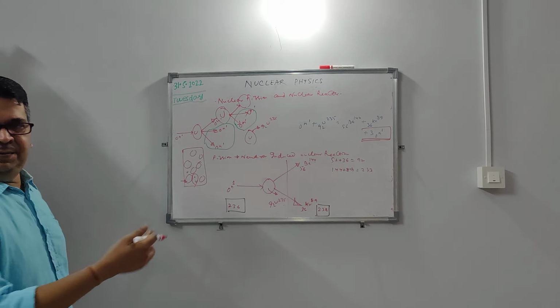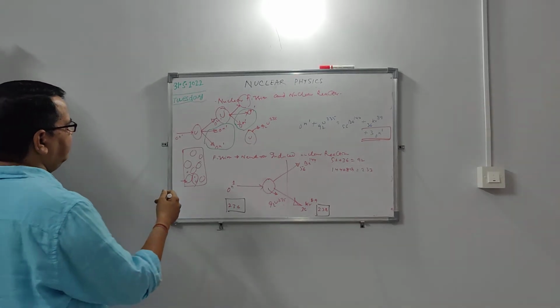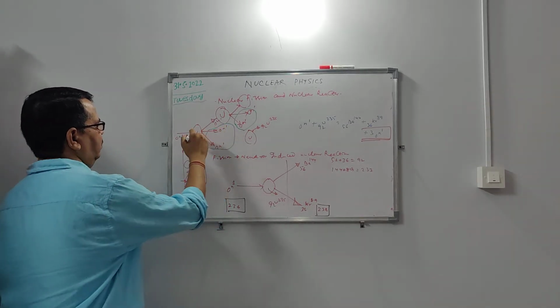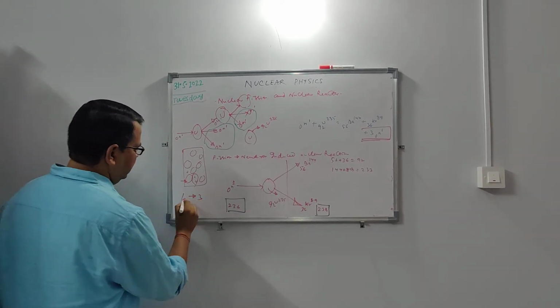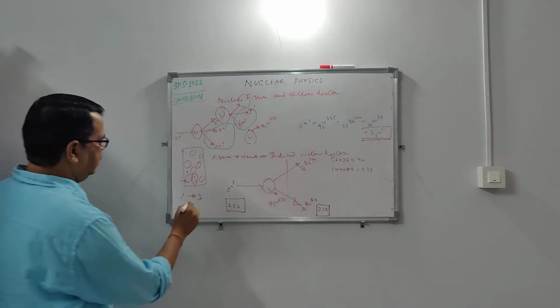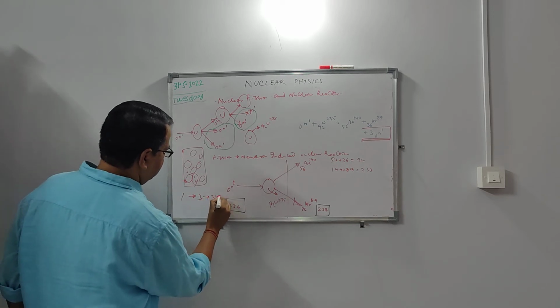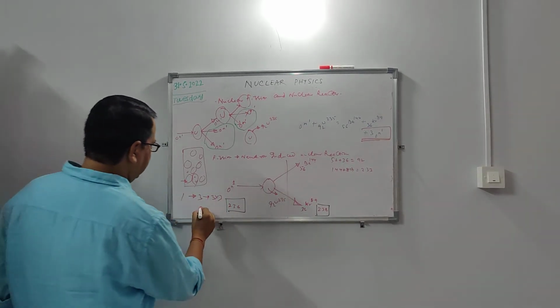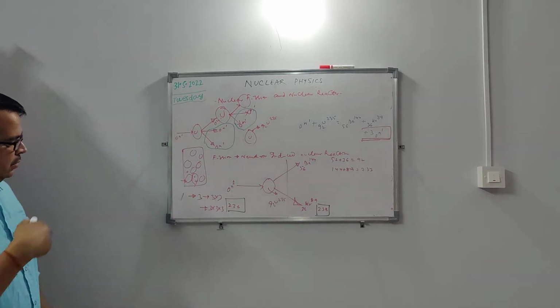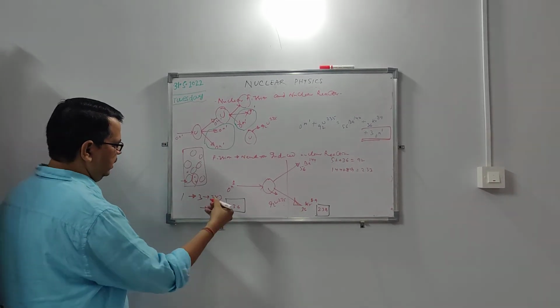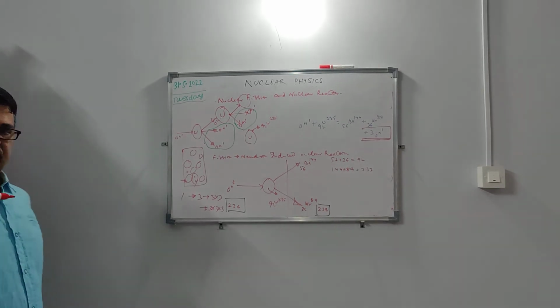Otherwise if it is uncontrolled, what will happen? One will become 3. Then 3 will become 3 into 3, which is 9. Then 9 will become 3 into 3 into 3, which is 27. Then 27 will become 81, like that.